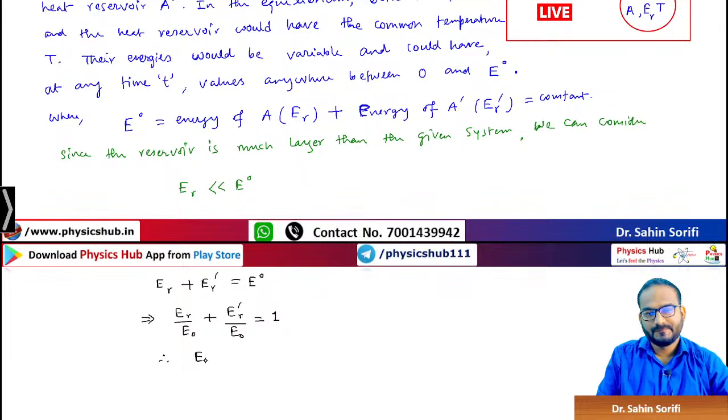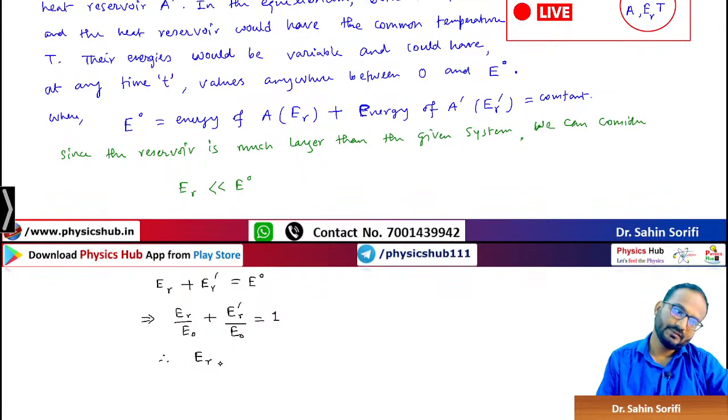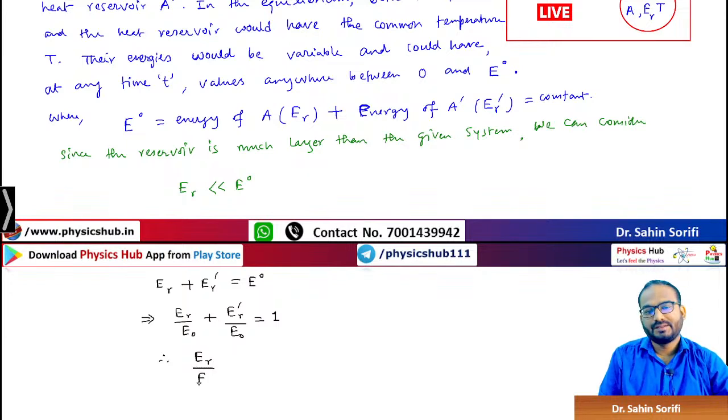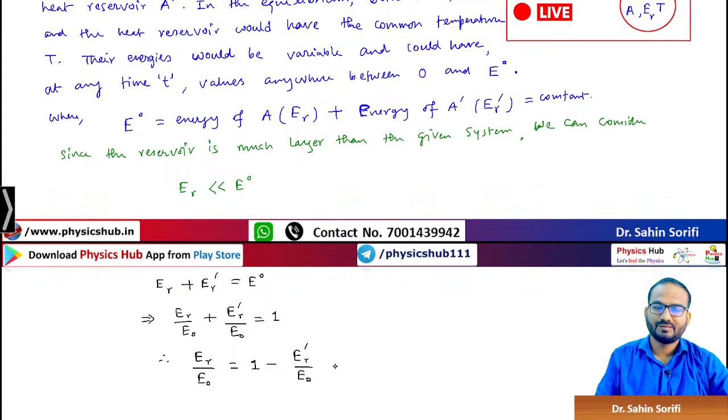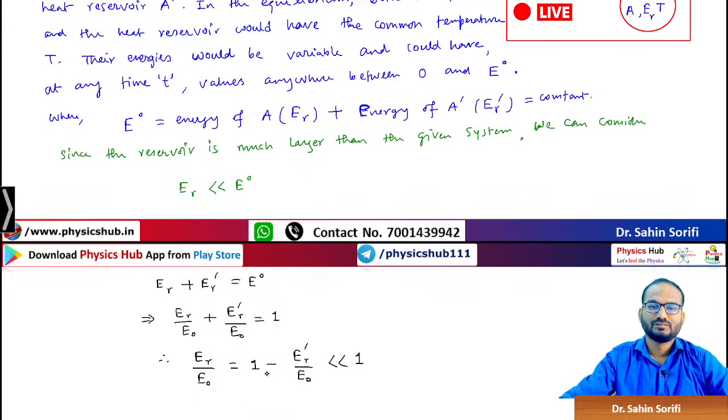Therefore, ER by E0 equals 1 minus ER prime by E0, which is much less than 1. Same thing.